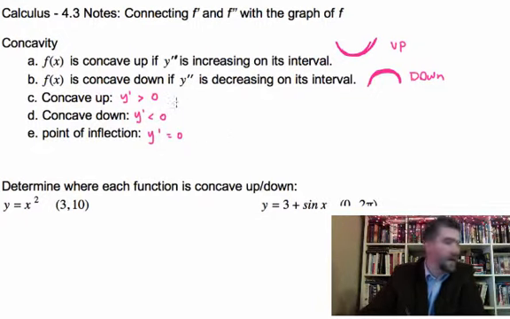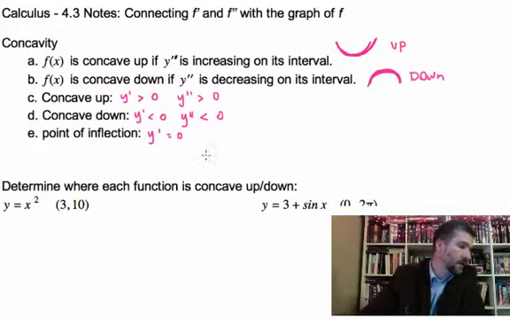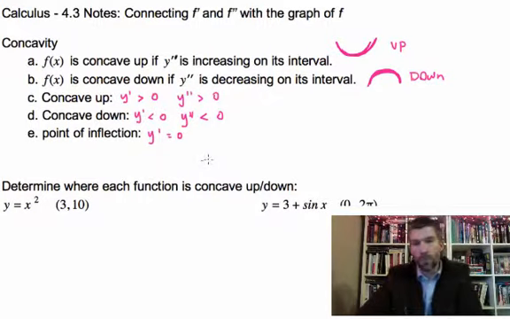You could also say that you're looking for y double prime to be greater than 0 and y double prime to be less than 0. Okay, so pretty cool. And at this point, that's our point of inflection.